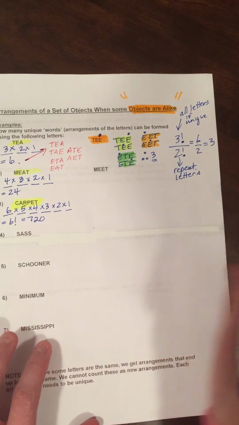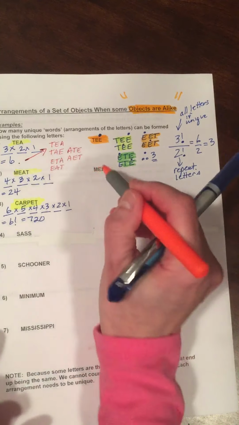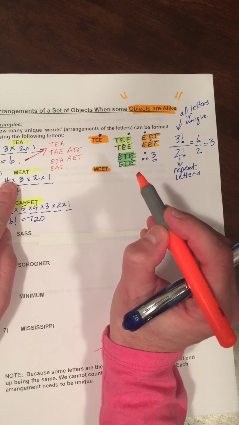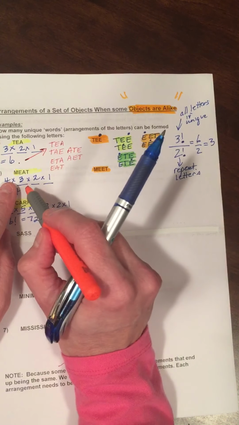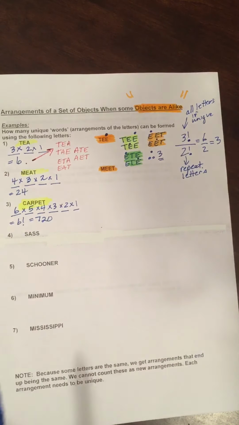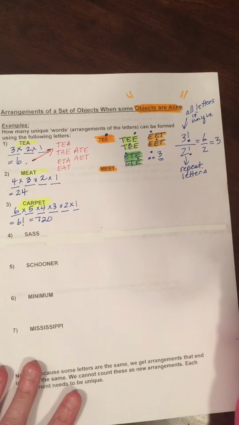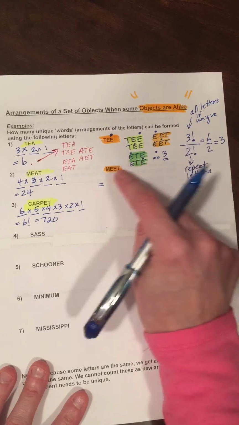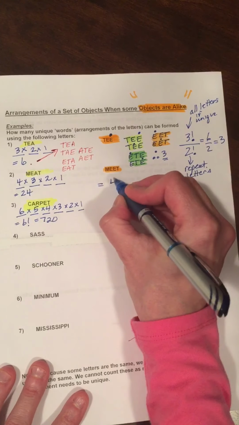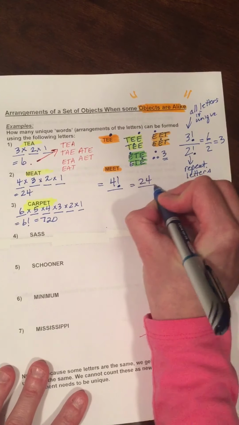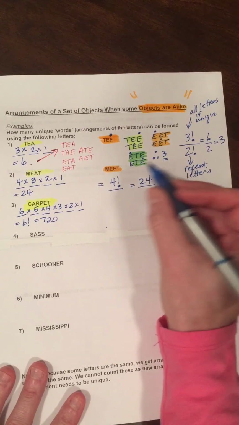Let's take a look at the word meat. Very similar to our second example, except in this one we mean like steak, and in this one we mean like a track meet. So if I follow my rule from the previous example, it's a 4-letter question, 4 factorial, if all the letters were unique.